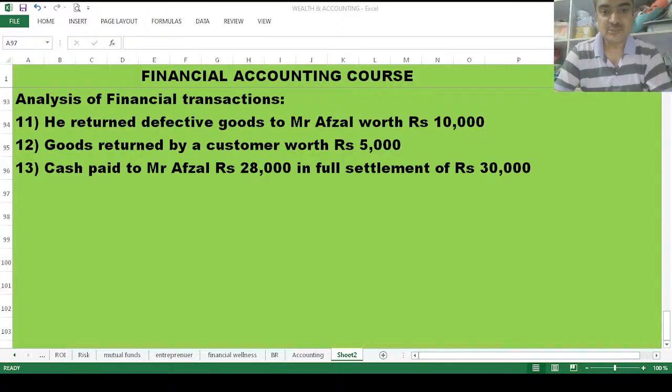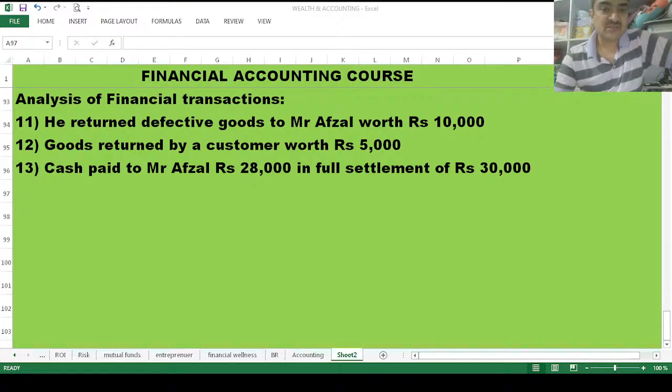In this transaction, it is assumed that a payment is made to him before the due date, and that is why our company is receiving a cash discount of rupees 2,000, which is a kind of revenue from Mr. Afzal in full satisfaction. We mean by paying him rupees 28,000, the liability is settled in full.